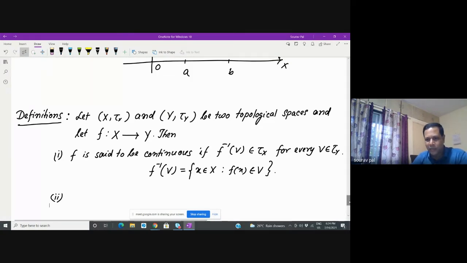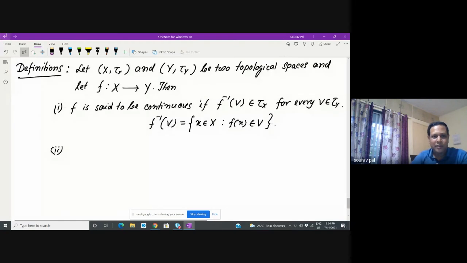Now, how do you define continuity at a point? Like the way you have defined it in your real analysis.